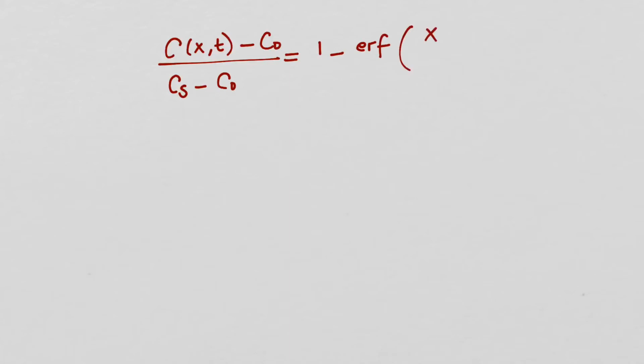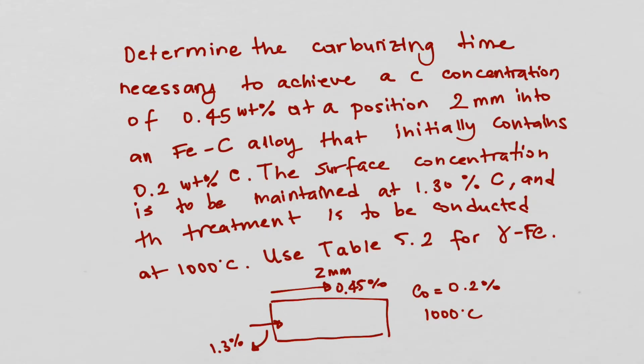So we have to remember our equation was the concentration at some time and some distance minus the initial concentration, over the surface concentration minus the initial concentration, equals 1 minus error function of x over 2 square root of Dt. And time is in the equation. So if I solve this equation for time, I should be able to solve it. And C naught, we are given C naught, right? We said it is 0.2.